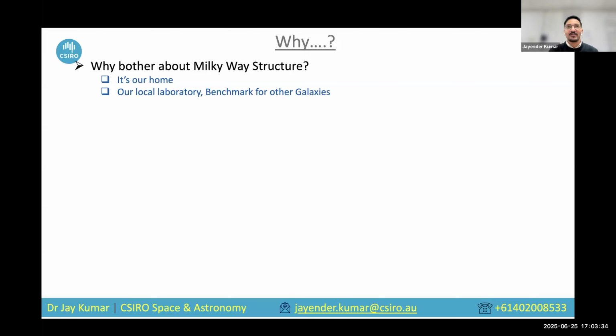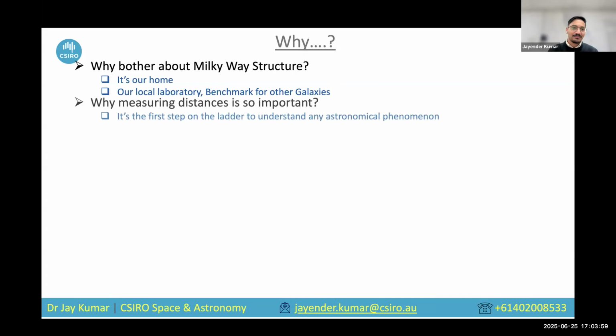Every phenomenon that we see in other galaxies, we can first test in our own galaxy, and improve on the techniques we use to test particular things. Then it becomes a benchmark for other galaxies to see the same astronomical phenomena. So that's why Milky Way structure is really important.